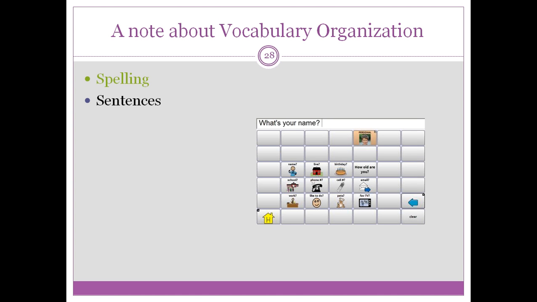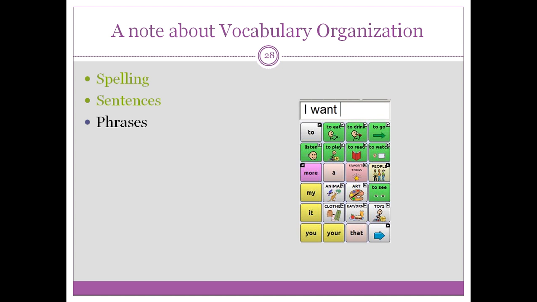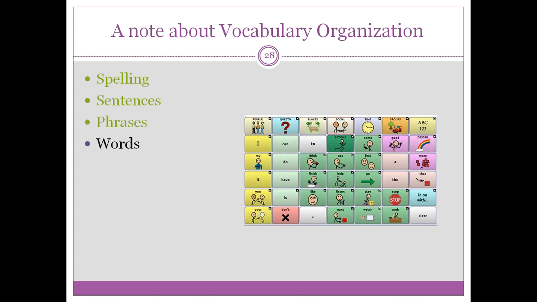So vocabulary organization, this is how Saltillo has different vocabulary files, as they all of them do. So this is some of the organization. You can just have spelling. You can have sentences. This is what Drew was using, where when he was hitting a button, it was saying the whole sentence.